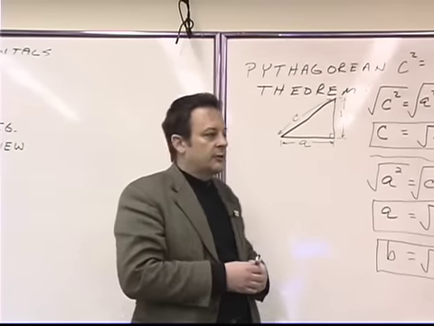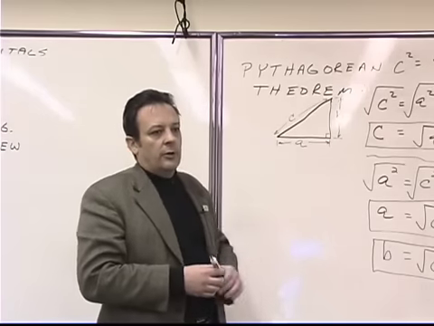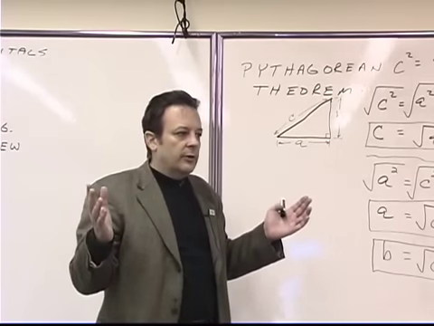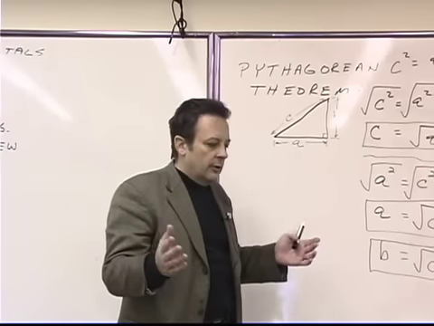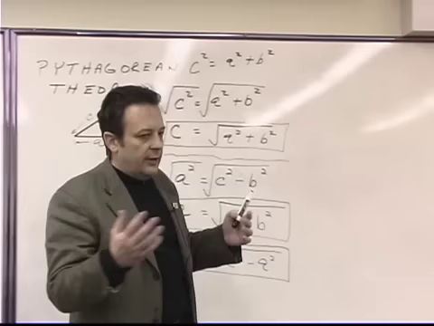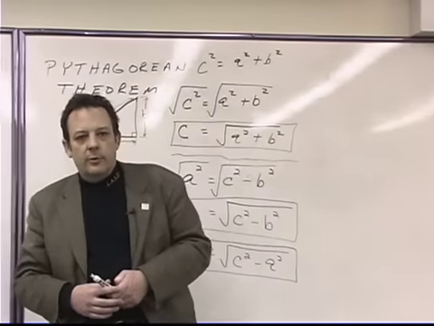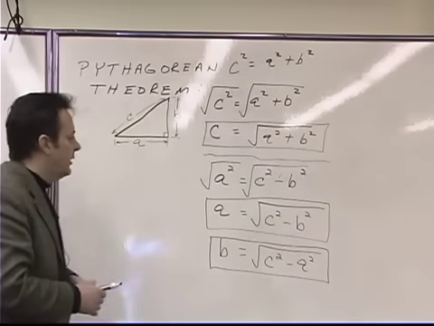And so that makes the right triangle a very useful tool in solving for the magnitude of voltage, the magnitude of current, the phase angle of voltage, the phase angle of current, and a lot of the other parameters and variables that we're going to be looking for in AC studies.